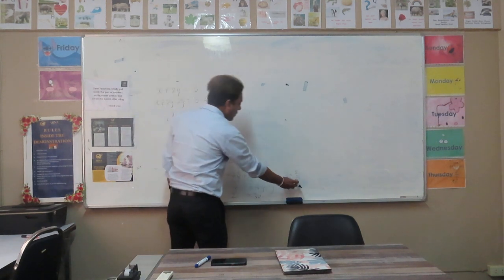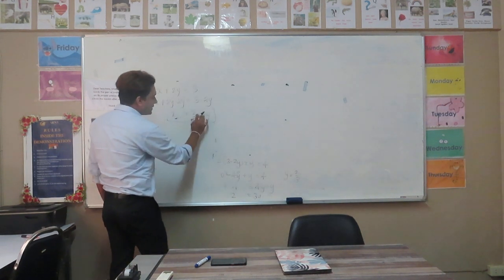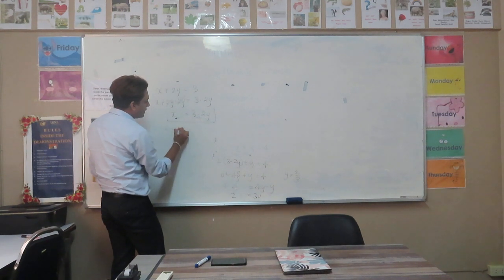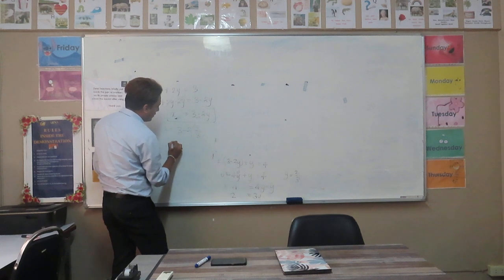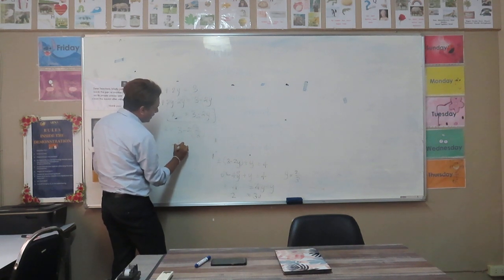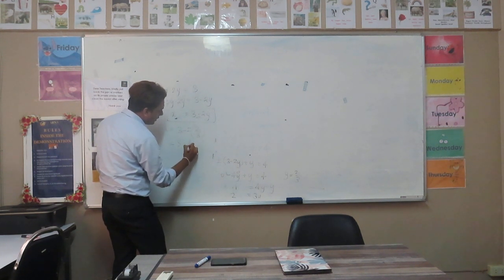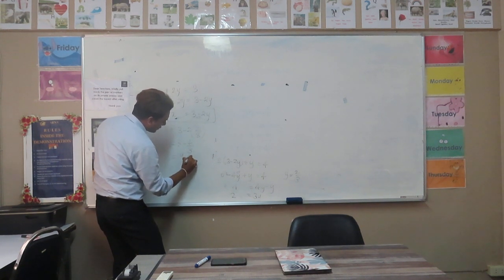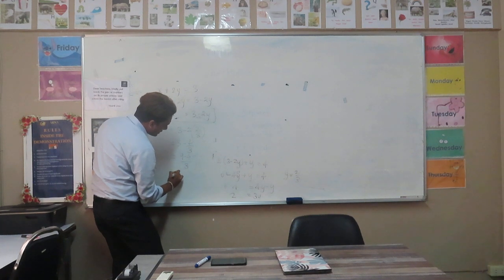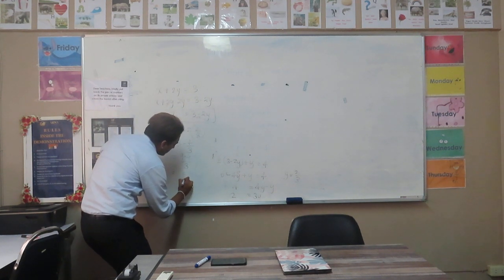And I'm going to put y is equals to 2 on 3 in this equation now. So x would be 3 minus 2 times 2 upon 3, which is 3 minus 4 upon 3. So 3 3s are 9 minus 4 upon 3, which is 5 upon 3.